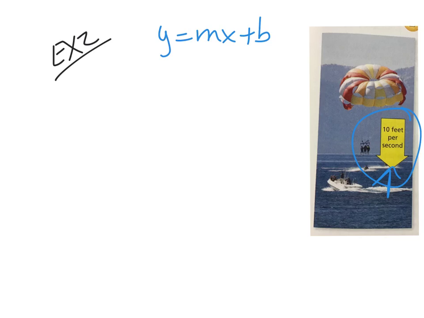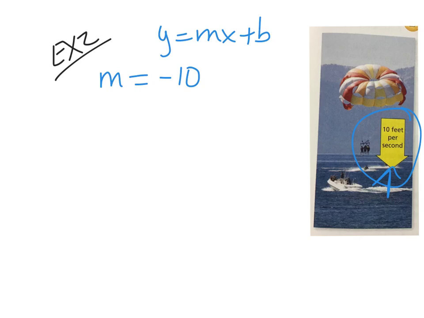What do you think? Slope, because this is the rate of change. Slope is your rate of change. Everywhere you go, that's how fast it's changing, up or down. Now, am I going up or down at 10 feet per second? You're going down. So then we know what m is, don't we? -10. Negative 10.